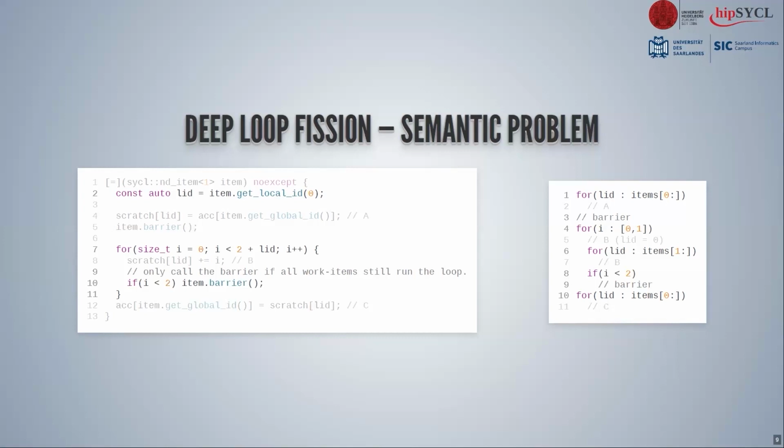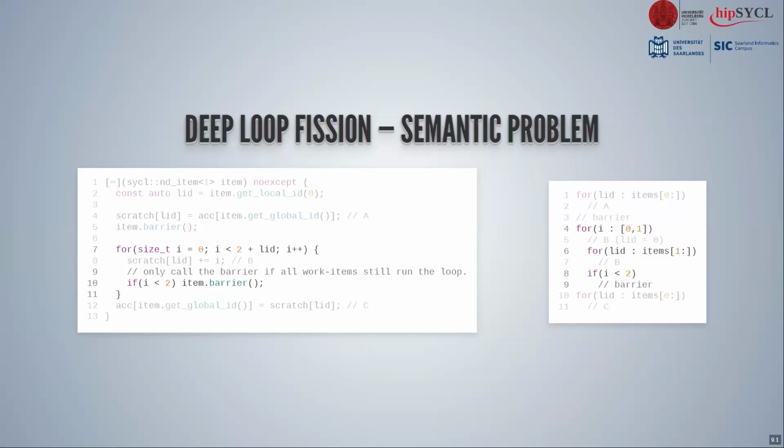And now the question is, is deep loop fission able to deal with this kernel correctly? And it sadly is no, because as you can see, it will just decide how often this loop should be executed for the first work item only. And as the first work item only executes this 2 times, it will execute it only 2 times for all the work items, even though the other work items might need 3 or 4 times. So we will in the end get wrong results for this kernel.